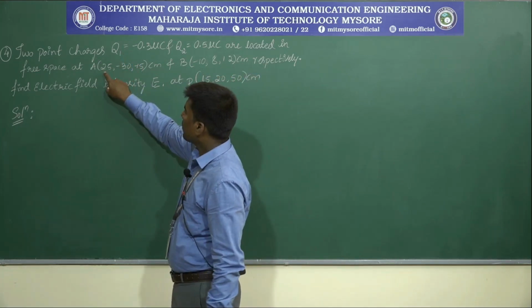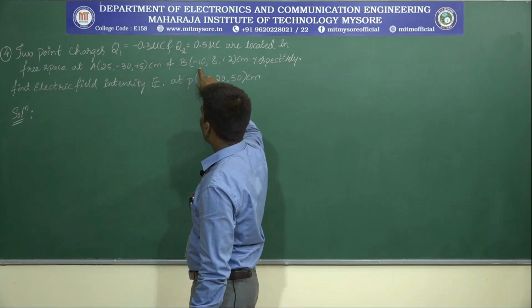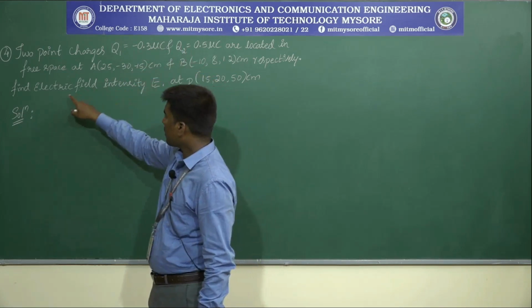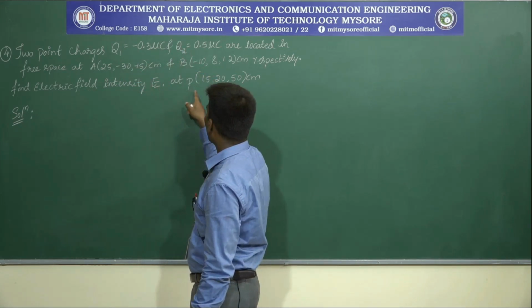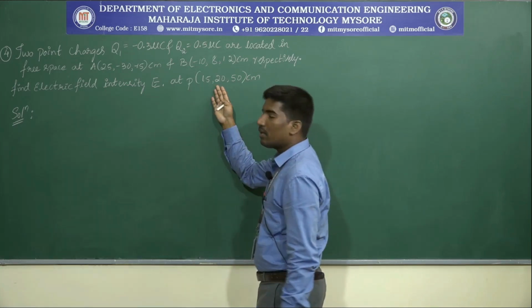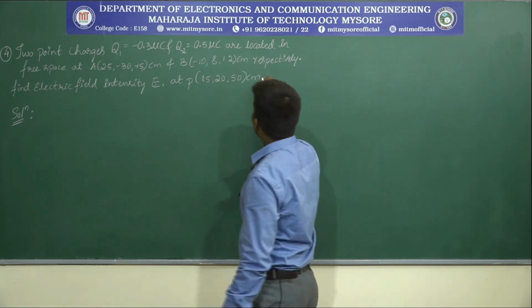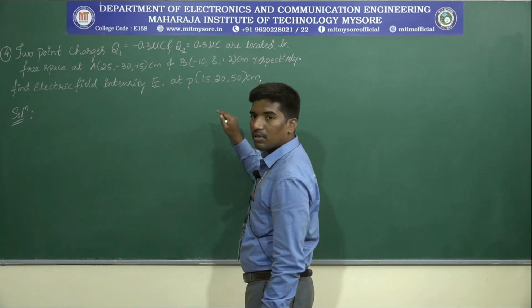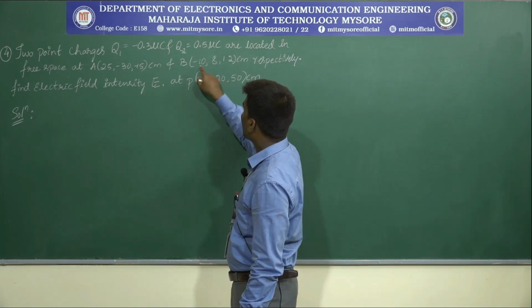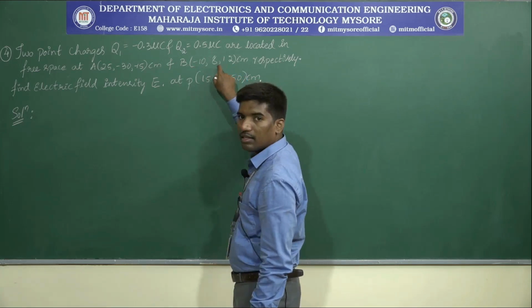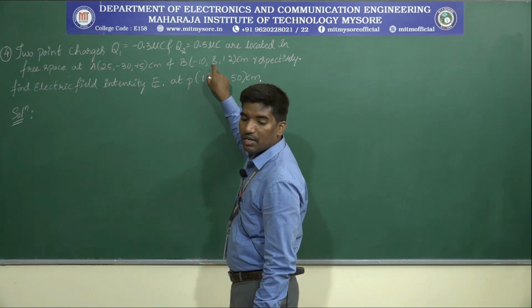So Q1 is located at point A, Q2 is located at point B. Find the electric field intensity E at point P, which is having the coordinate 15, 20, 50 centimeter. Okay. So here you need to observe that instead of giving these coordinates in meters, they have given in centimeter.